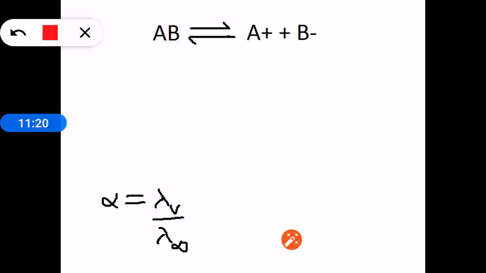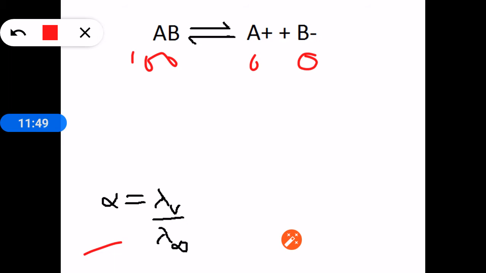Now alpha is measured as lambda V by lambda infinity. Lambda V indicates the conductance value at a particular dilution V, and lambda infinity indicates the conductance value at infinite dilution. Let us take, for example, when 100 molecules of AB are present and 0 of them are dissociated, it will give 0 and 0.